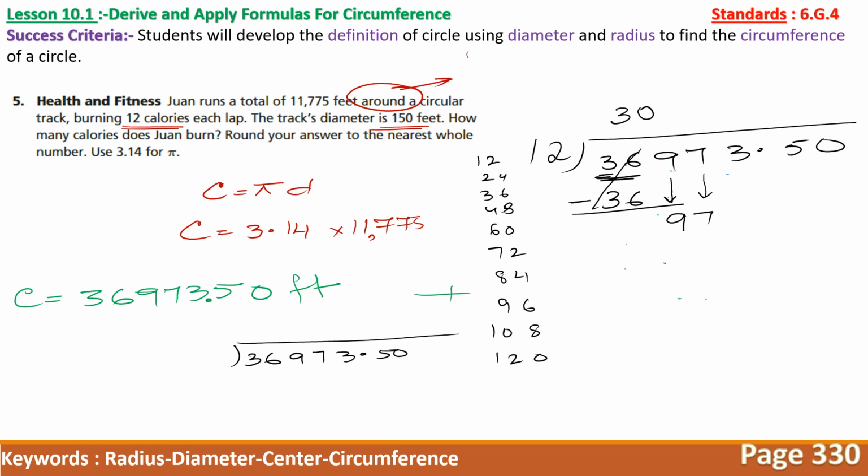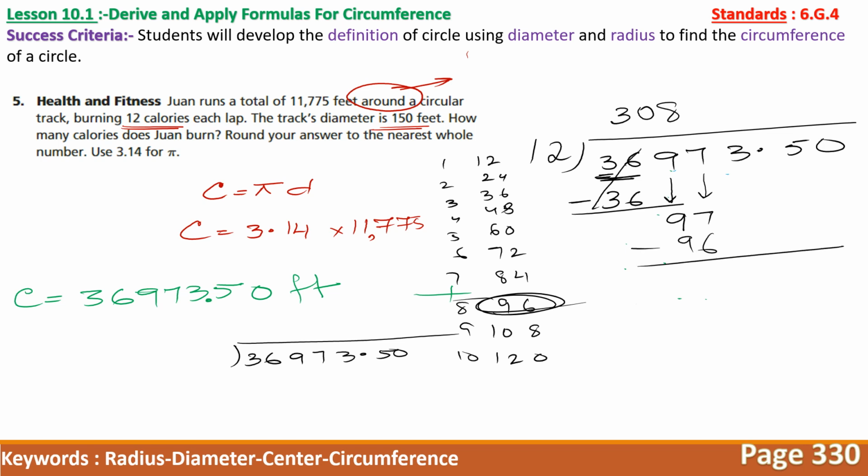So this is the table of 12. 97. 97 means that 96. So you have 1, 2, 3, 4, 5, 6, 7, 8, 9, 10. So 8 times, 96 we will write here.